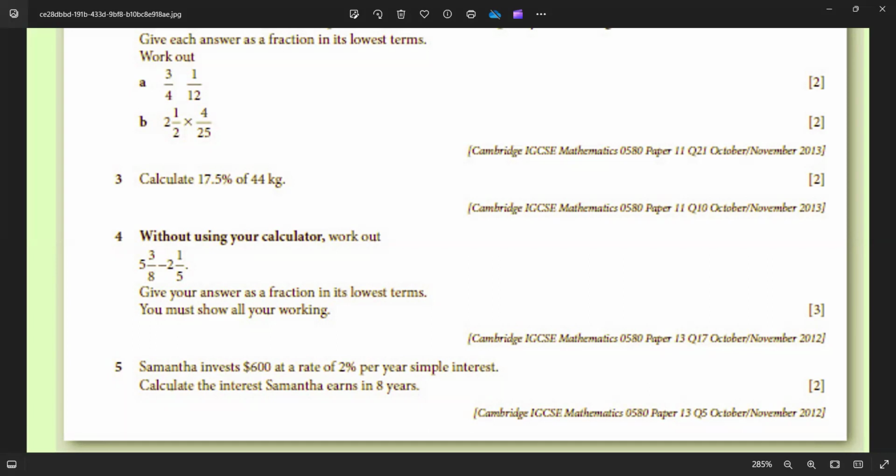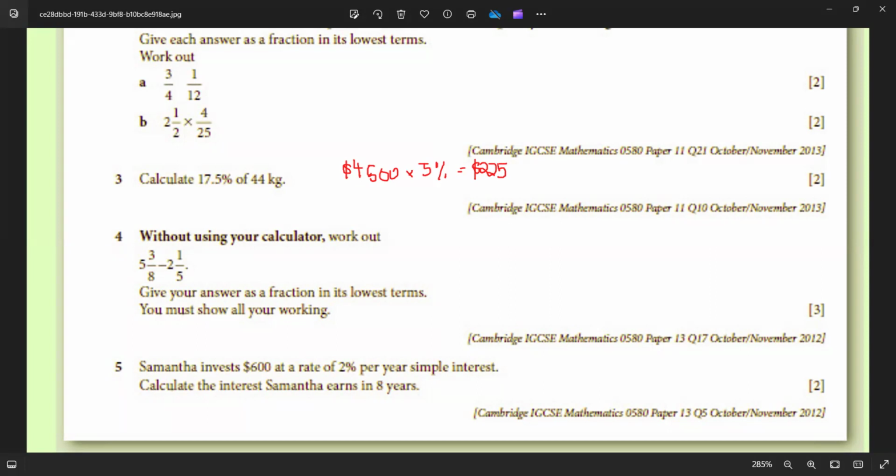So firstly, we'll calculate the first year first. So we'll take 4,500 times 5%, which will get 225. So this is the interest for the first year.